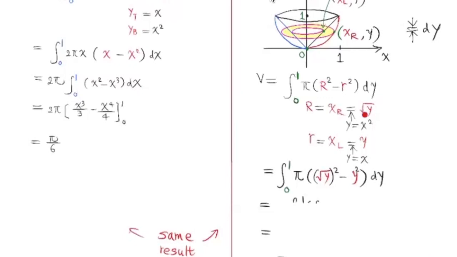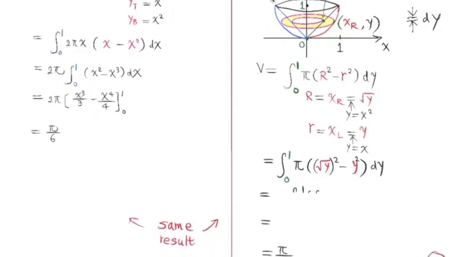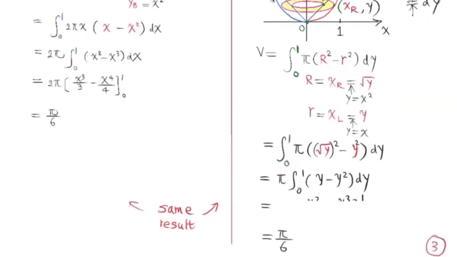Now we're going to substitute this in, so we get this integral right here. Simplify this integral. This will be y, and this will be y squared. And we find the antiderivative. The antiderivative of y is y squared over 2.